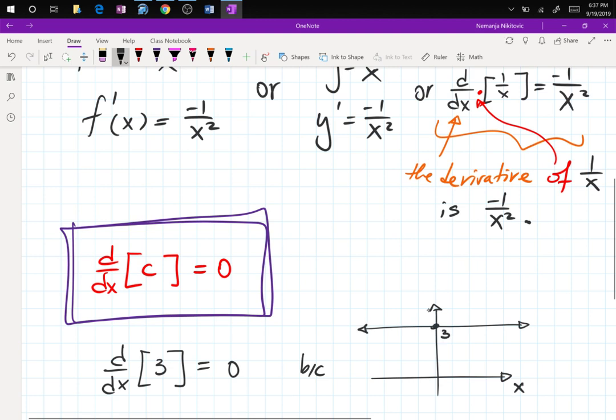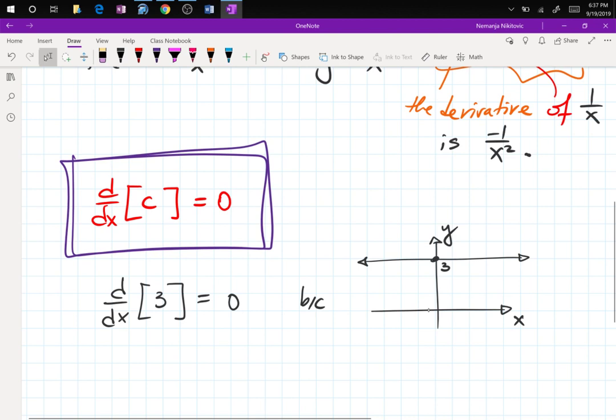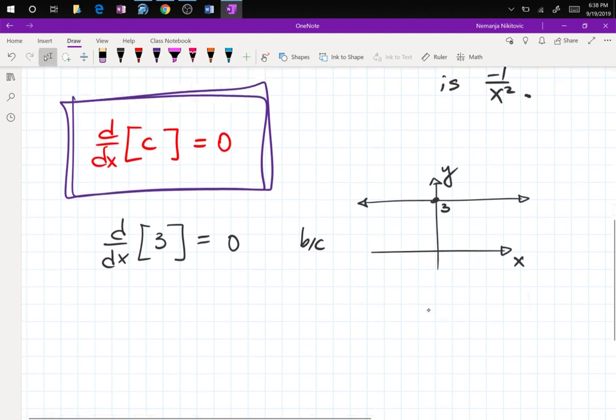As you draw the horizontal line through 3, because that's the value of c, of a constant, you see that it never changes. It's always the same y value, 3. So since there is no change, it's always flat, you would say that the derivative of the constant is 0. And that's your introductory formula.